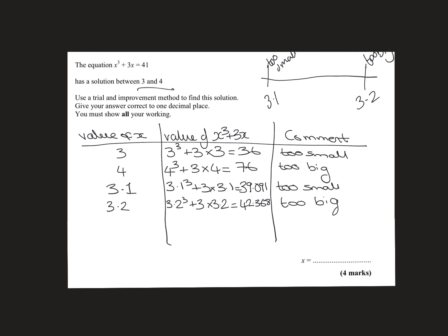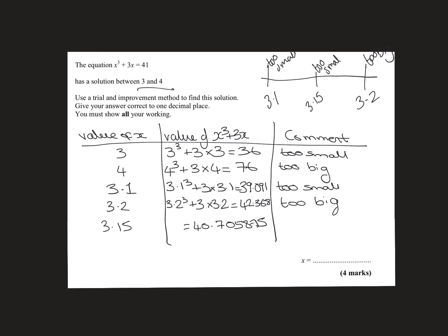So I'm going to check now 3.15, because that's the middle number. So on my calculator, I'm going to do 3.15 cubed plus 3 times by 3.15 and press equals, and that comes out as 40.705875, which is too small.